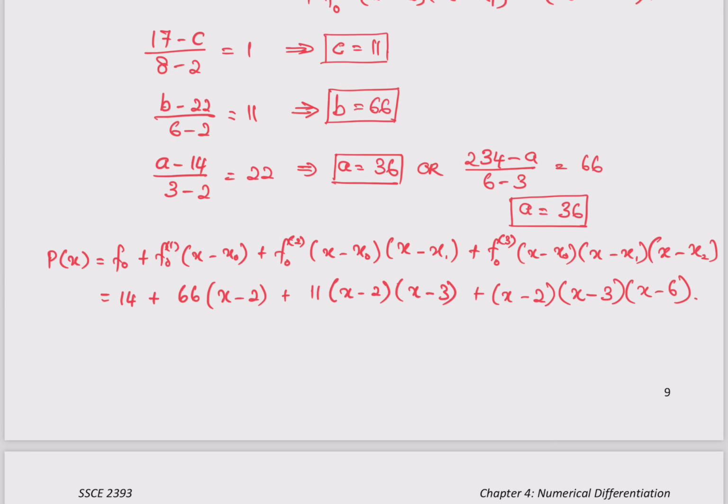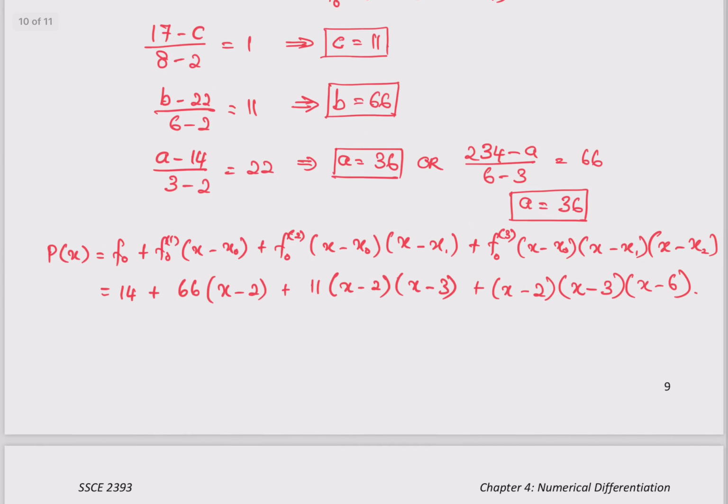And next, I think this is a question for 2, and for 3 you need to estimate the value of the function when x is equal to 2.5, that is, approximate P for this polynomial when x equals 2.5.